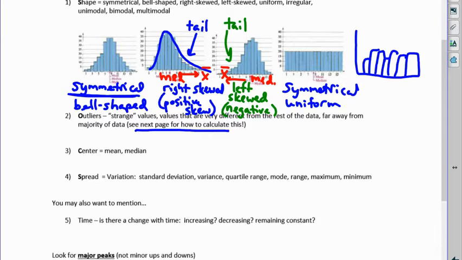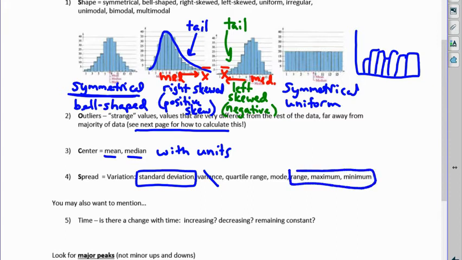To describe the center, you're going to give the mean and the median with units. In spread, you're going to give the standard deviation. Don't worry about giving the variance. Do give the range, max and min.